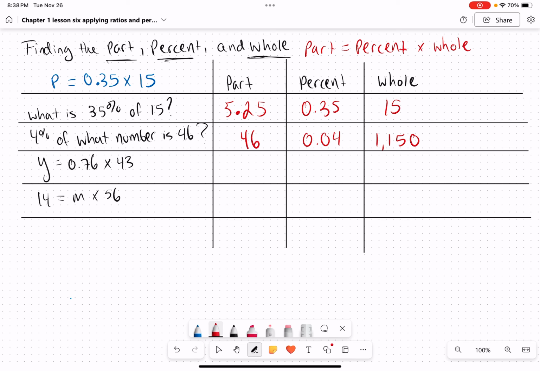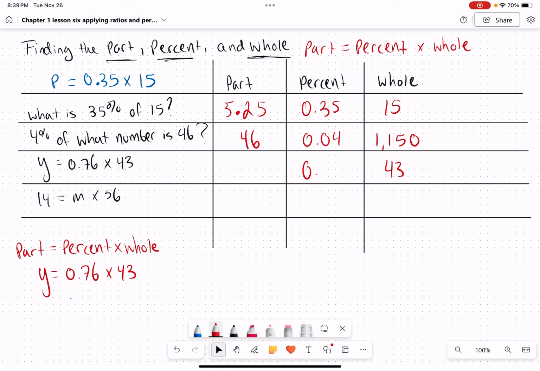Okay, so now let's take a look at the third equation. We're going to rewrite it again. y is equal to 0.76 times 43. And we can compare it to the percent equation. We have a part is equal to the percent times the whole. So now we can see a little more clearly that our whole is the 43. Okay, so the whole is 43. We're going to write that over here. The percent is 0.76.